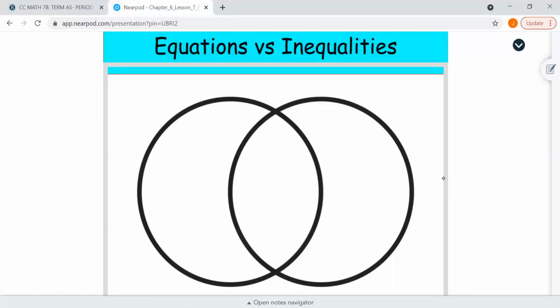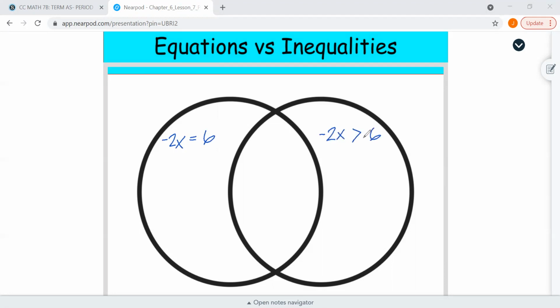Okay, so let's take a look at the Venn diagram again. Let's compare and contrast an equation and an inequality. First, let me write one example of an equation and one example of an inequality. So let's say I have negative 2x equals 6 here, and negative 2x is greater than 6.